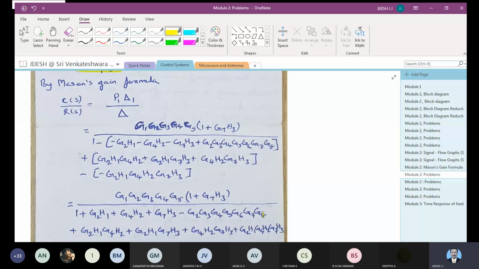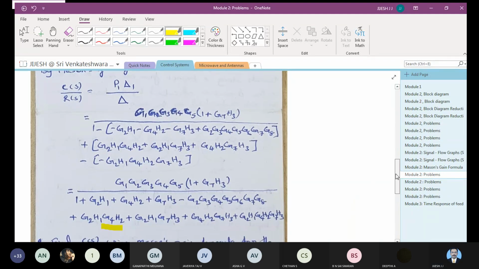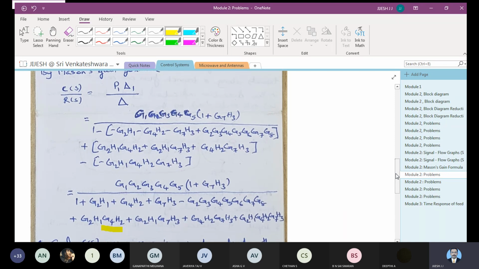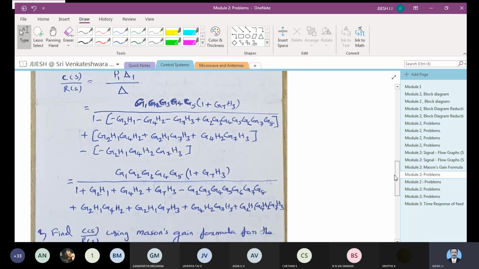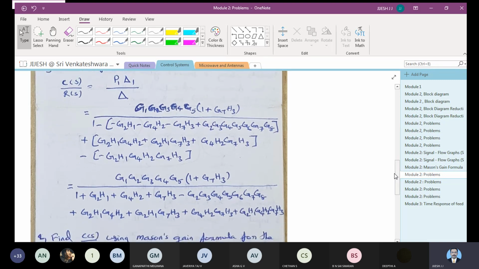So all of you do this first problem. Once you complete it, just let me know. These two steps will wind up the problem. So this will be the final answer. Once you complete it, we'll go ahead with the next problem where you are going to tell me everything. How many forward paths are there? How many loops are there? How are you going to solve it?